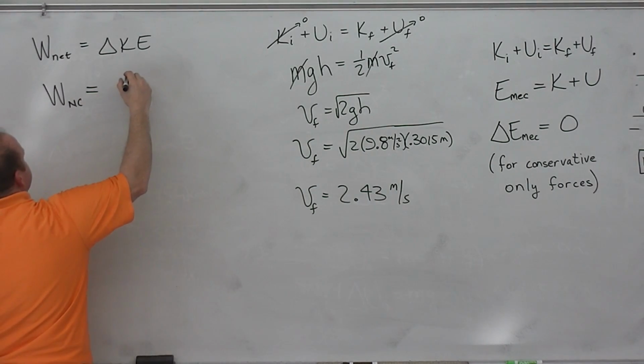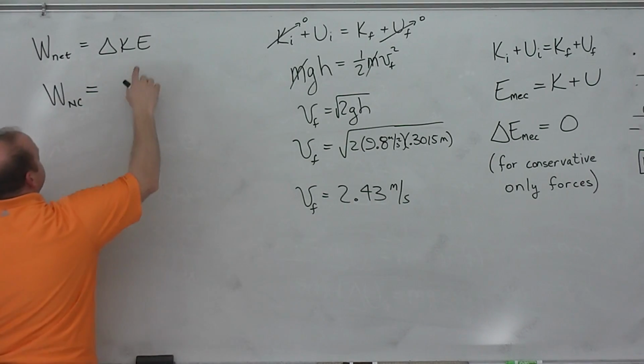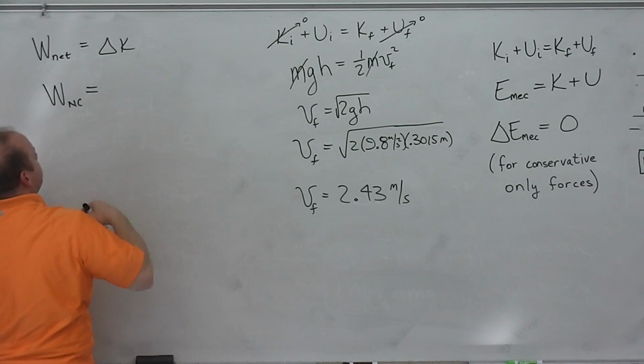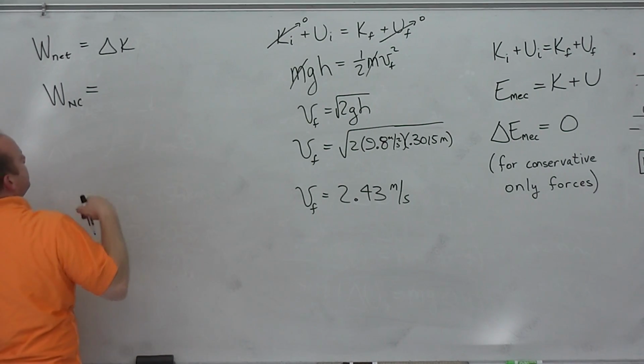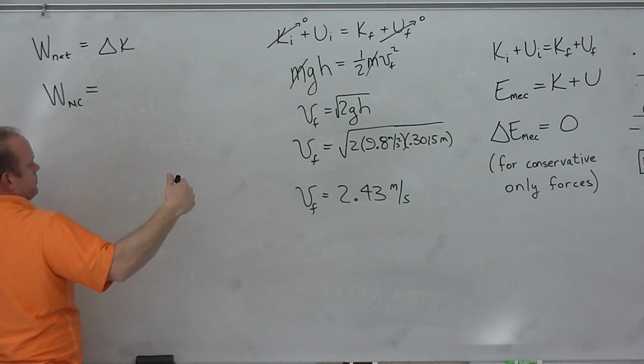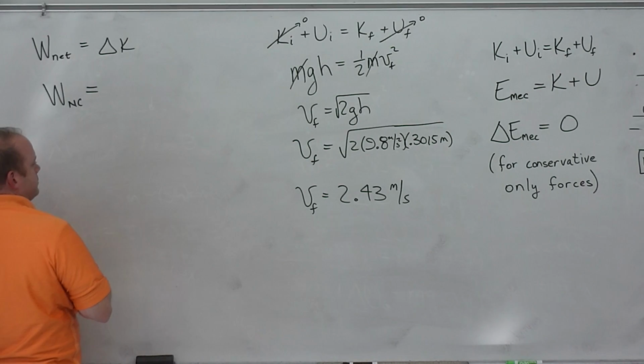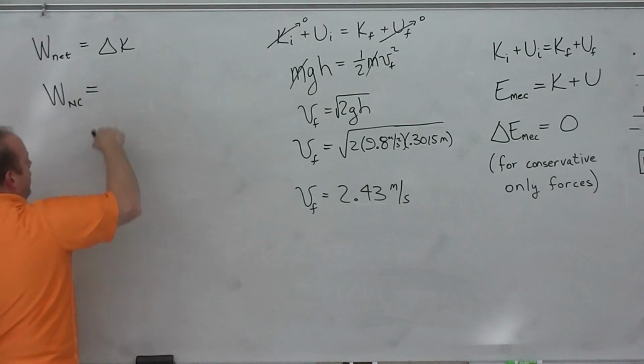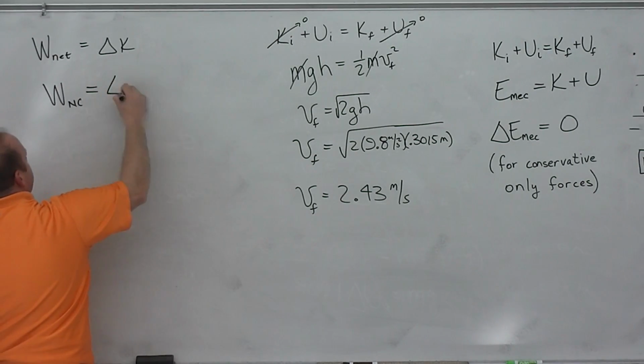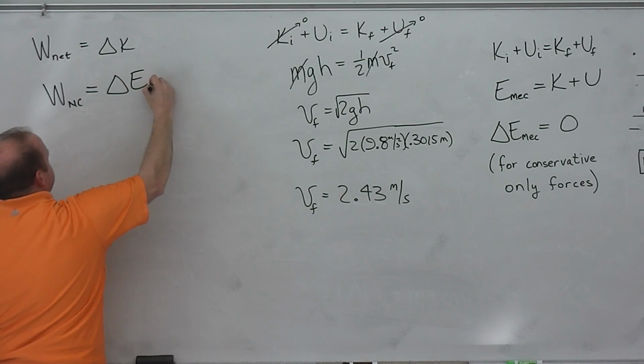When we do that, I'm going to call it K. I should just call it. There you go, just K. The work done by the net work done by non-conservative forces, I should say. Okay? We add up all the non-conservative forces. It will equal a change in the mechanical energy.